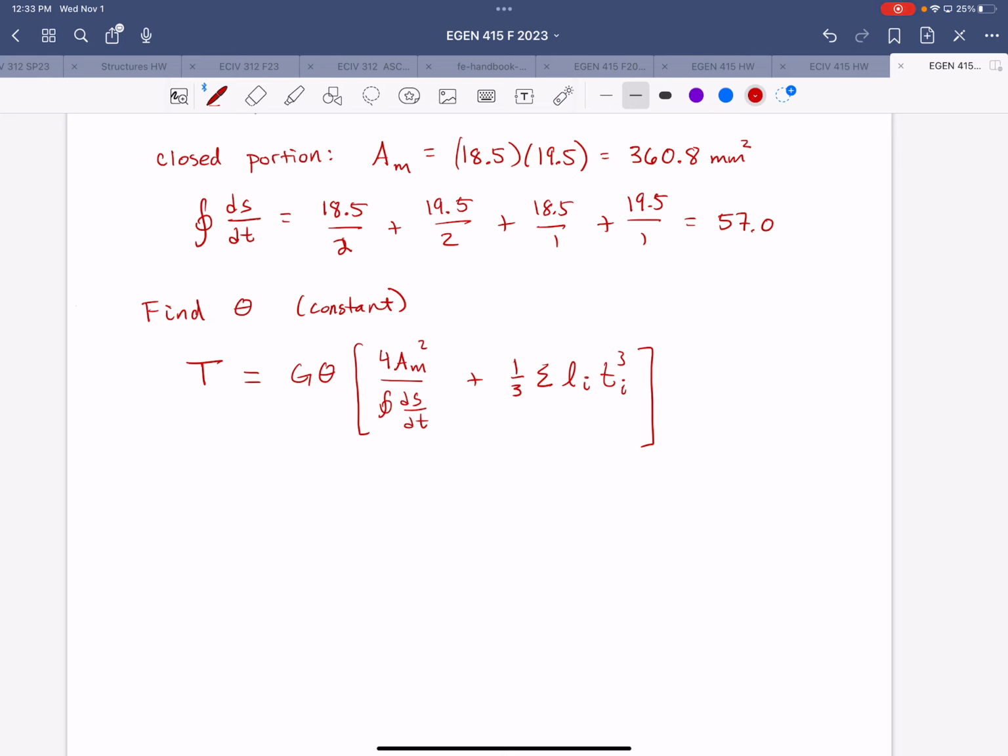So the torque was given as 6,000 Newton meters, or Newton millimeters is what it was given as. And for G, we have 80 gigapascals, so that's 80 times 10 to the 9th newtons per meter squared. I'm going to go ahead and convert that to newtons per millimeter squared. So that would be times 10 to the minus 6.